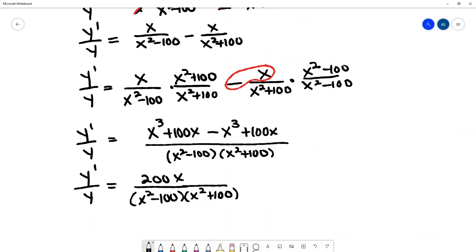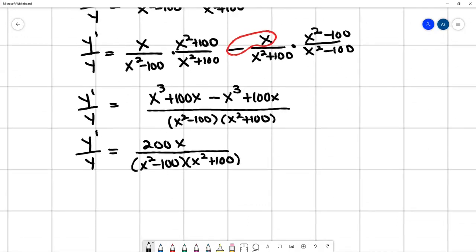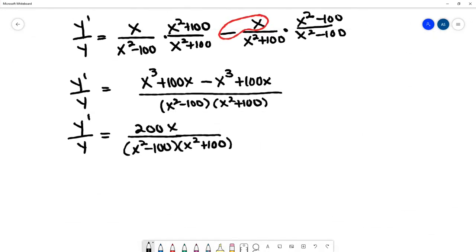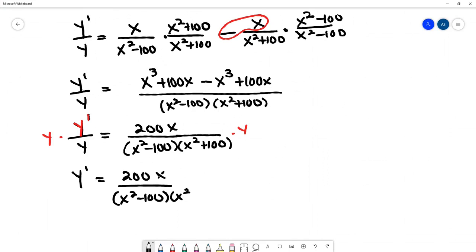So now that I've combined that right-hand side into a single fraction, I'm going to solve for my y prime by multiplying by y on both sides. So this will give y prime equals 200x over (x squared minus 100) times (x squared plus 100), times y.